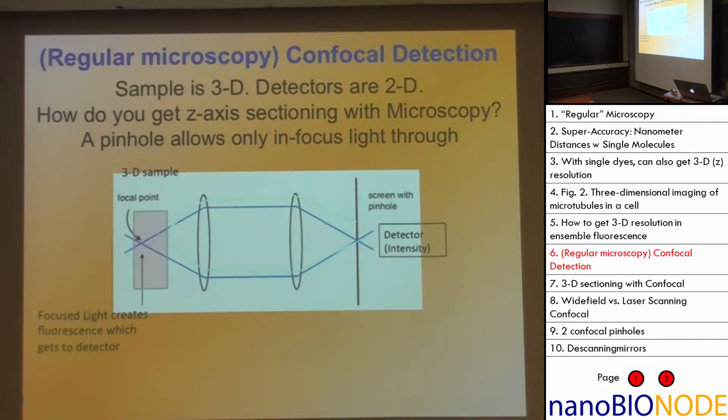Yeah, that's right. It's in the same plane. This works the same way, so it's going to be in focus at the level of the screen.